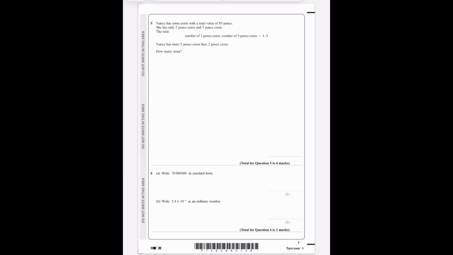Okay, question number 5. The ratio of the number of 2p coins to the number of 5p coins is 1 to 3. So if I call A the number of 2p coins and B the number of 5p coins, then 3A would be equal to B. Then if we multiply the number of 2p coins by 2 and the number of 5p coins by 5, we know that that will sum to 85.